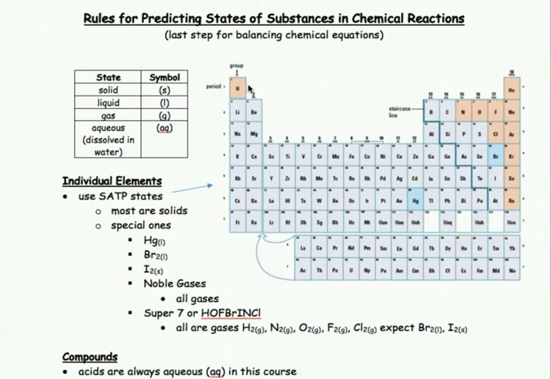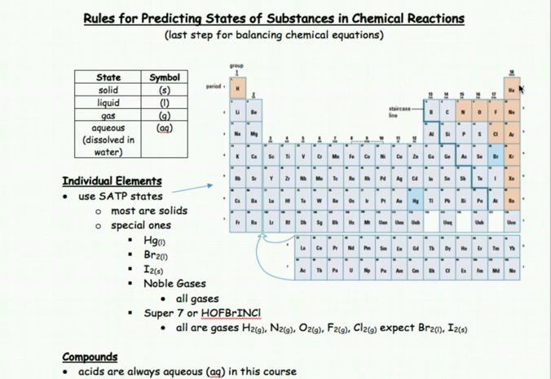Back in Unit 1, I wanted you to memorize that. On a periodic table, we have mercury and bromine, which are liquids, and then we have hydrogen gas, nitrogen, oxygen, fluorine gas. Chlorine was used in the war, so that's a gas, and all the noble gases.